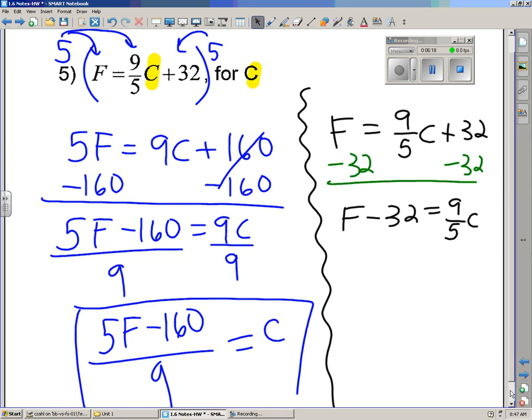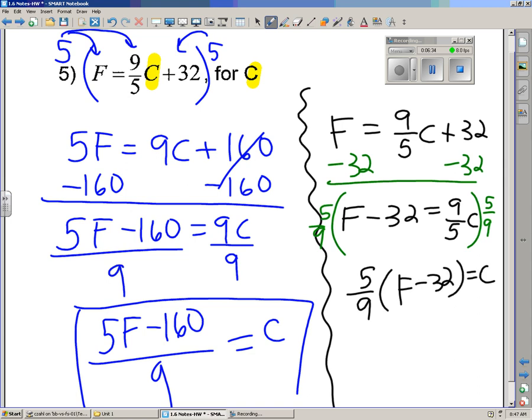And then from this point, if you want to, you can multiply both sides by the reciprocal, which is 5 over 9, and you end up with this answer, 5/9 times f minus 32 equals c. That one is fine too.